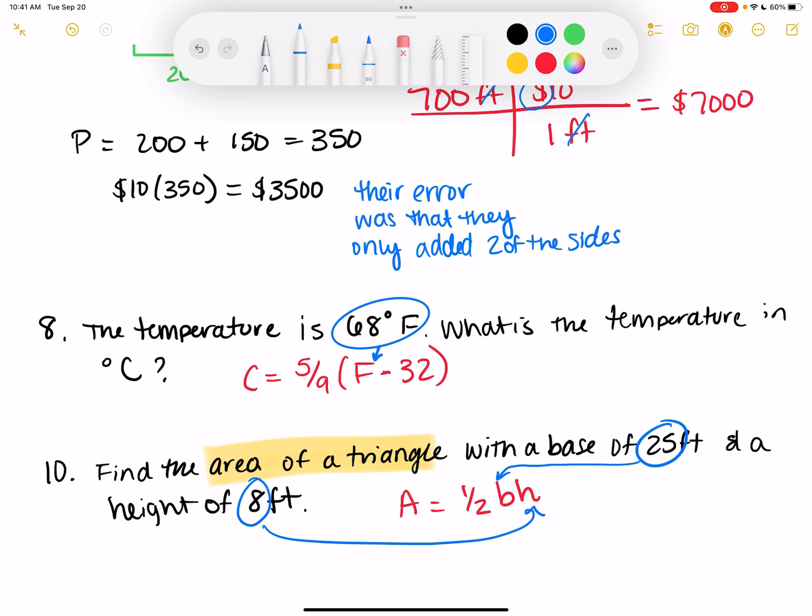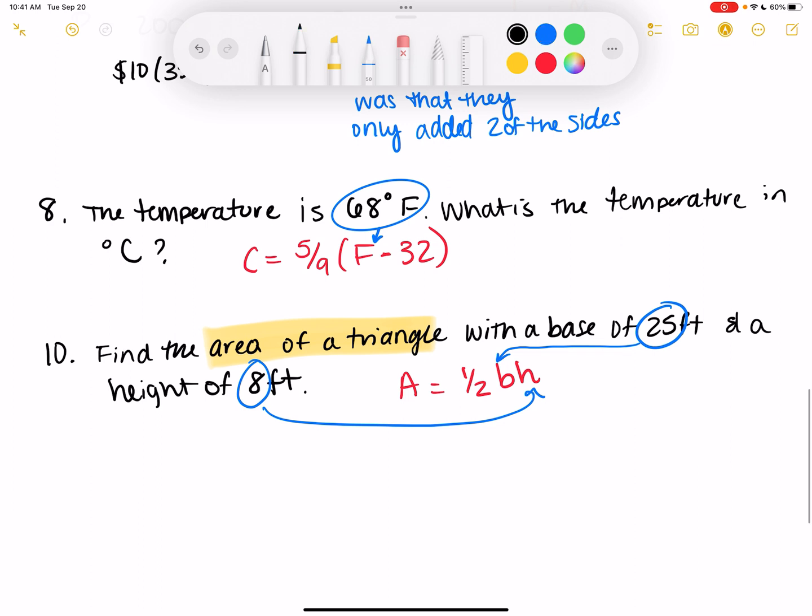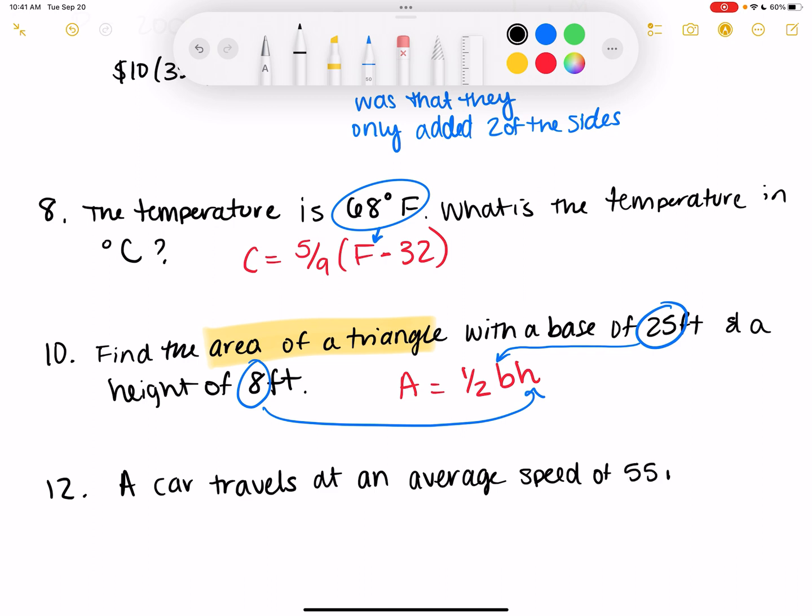All right, just one more and then we'll basically be done with this section other than me giving you a few to do. Number 12, this one is a multiple choice problem, but it says a car travels at an average speed of 55 miles per hour.